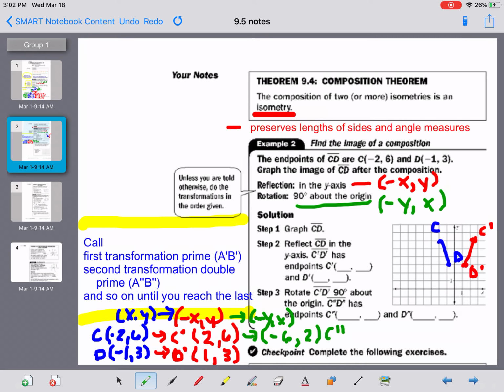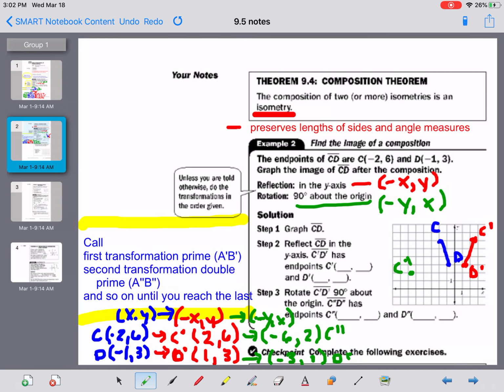For my D double prime, I'm going to once again take my Y, jump it to the front and put the opposite sign, so negative 3, and then move my X to the back, which will be 1. And that'll be my D double prime. So going ahead and graphing this, I'm at negative 6, 2. And that's up here in the second quadrant, C double prime.